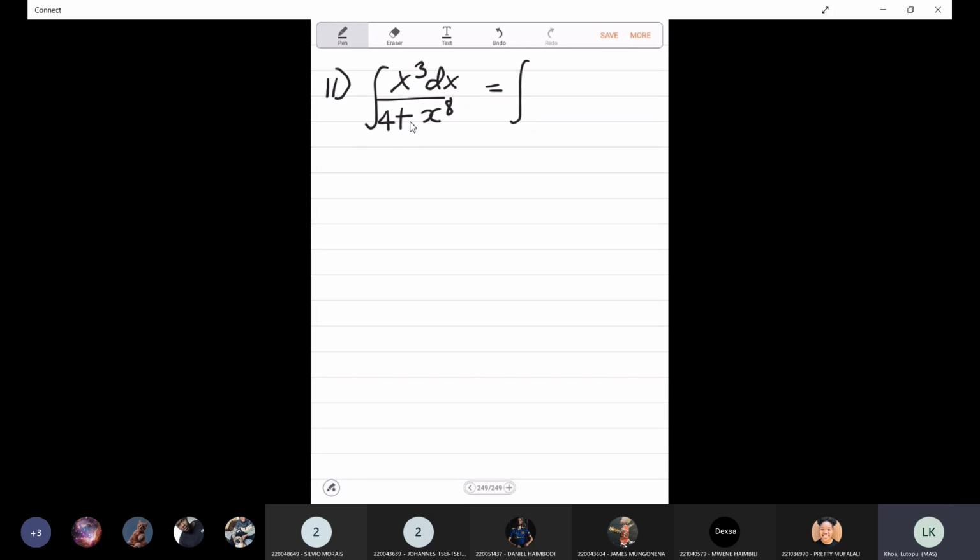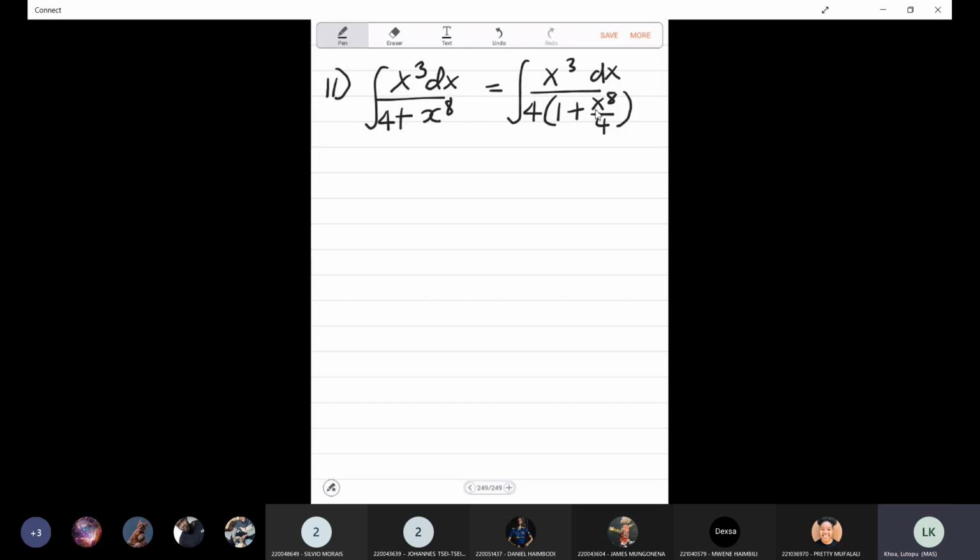So in the numerator, we have x to the power of 3 over 4, 1 plus x to the power of 8 over 4. Okay, so this term here, we have to write it as a square, so something squared.